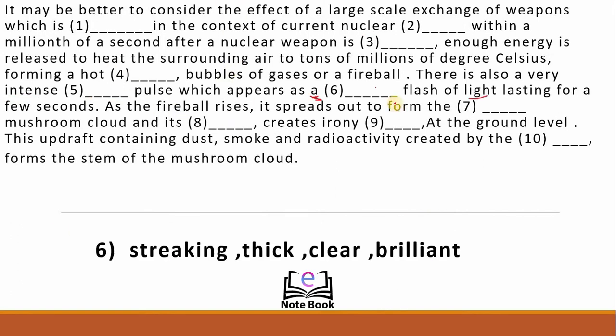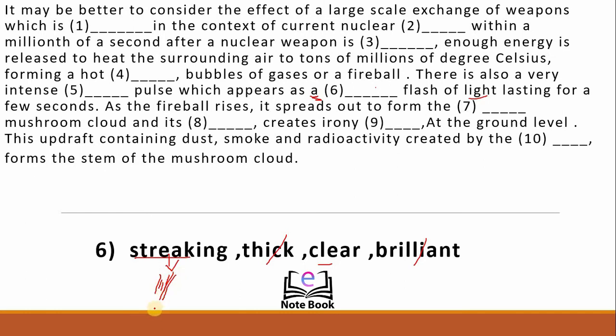Reading ahead, there is also a very intense thermal pulse which appears as a dash flash of light lasting for a few seconds. Here light is being talked about, so I remove thick and brilliant easily. Next, I am left with streaking and clear. If you know the meaning of streaking, streaking means different colors of lights which are very close to each other.